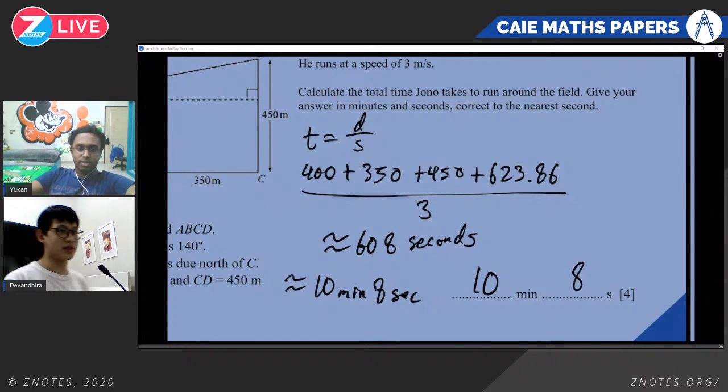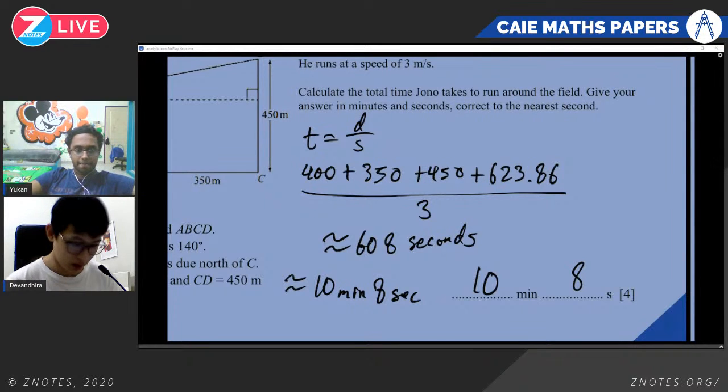So one thing you can start with is dividing 608 by 60. You would get 10 point something, so you would know that it's 10 minutes. And then for the seconds part, because it's given as a decimal of minutes, you subtract the digit at the front and then multiply by 60 again, and you would get 8 seconds.